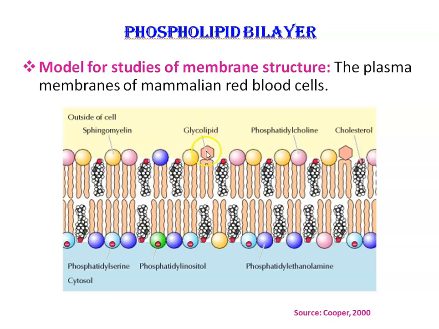Just look at this part. This is glycolipids and cholesterol. This part, this black in color. So the glycolipids are found exclusively in the outer leaflet of the plasma membrane. You can see here. This is the outer part, and these are the glycolipids.